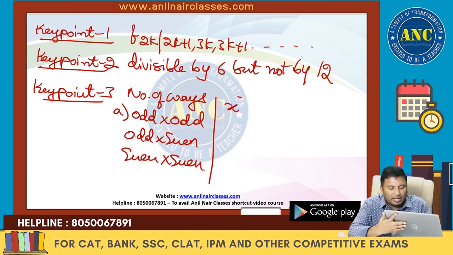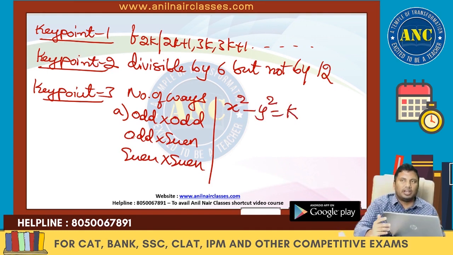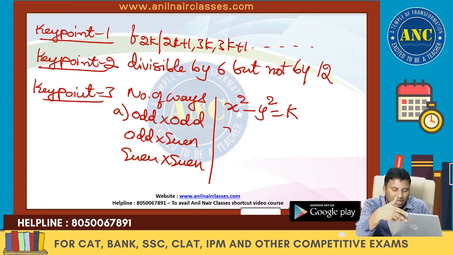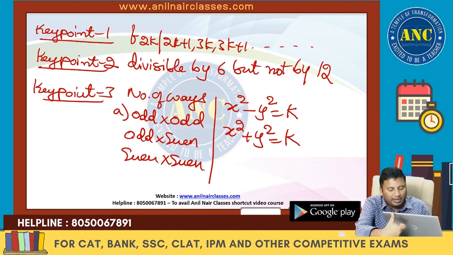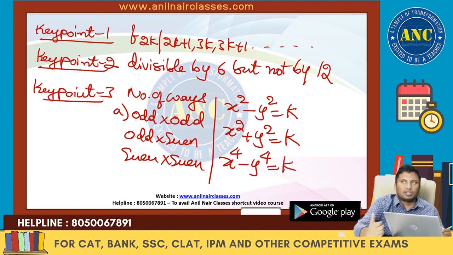How to find the integral solutions for x square minus y square equivalent to k, and for x square plus y square equivalent to k we discussed. X power 4 minus y power 4 equivalent to k, these also we discussed by analogy.